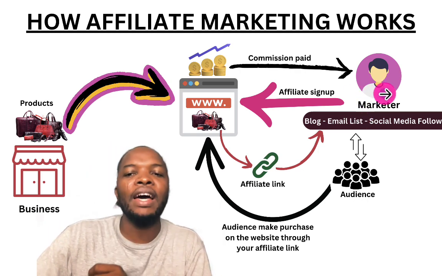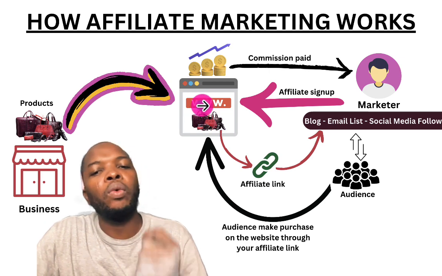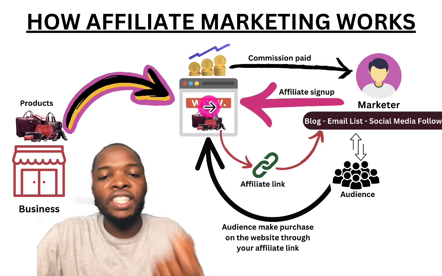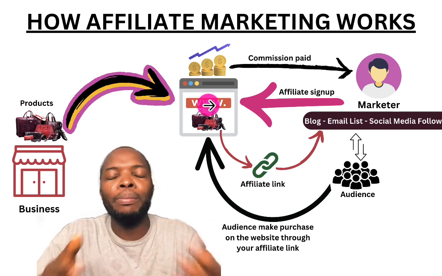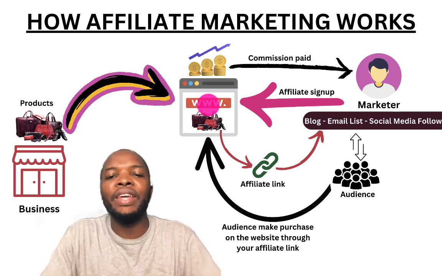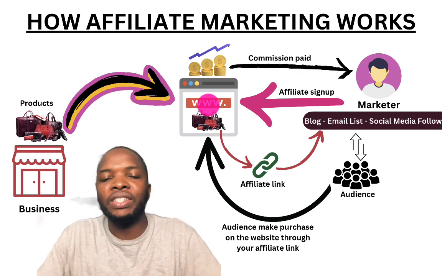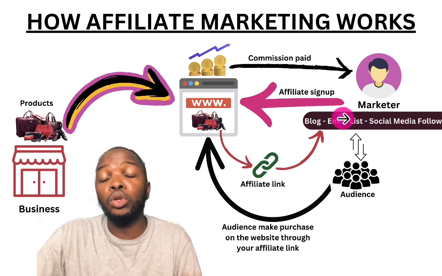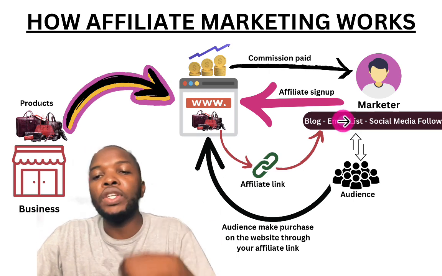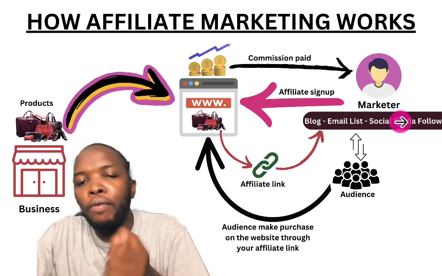Then the marketer joined the affiliate website, and when he joined, he realized that the website has different products that they are selling, and then the marketer developed interest in selling those products on his blog, and he also wants to promote the product to his email list and social media followers.